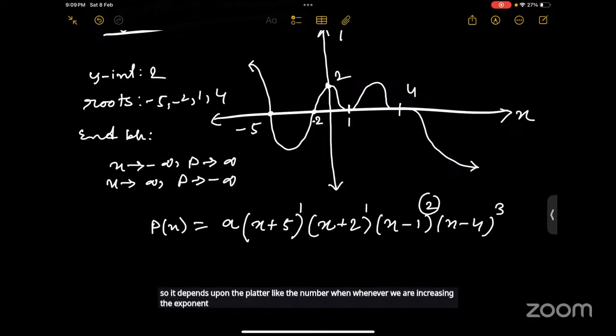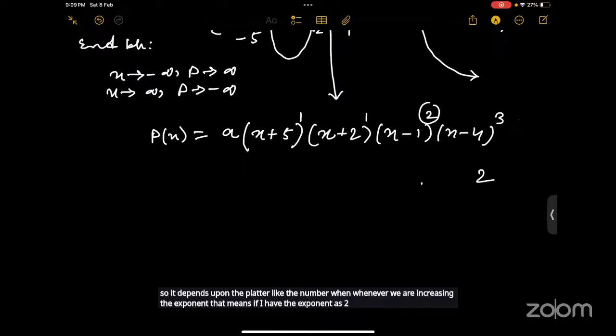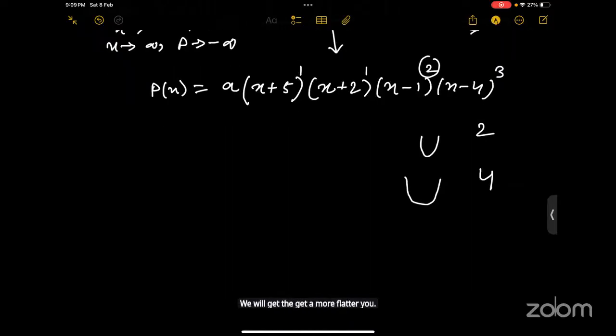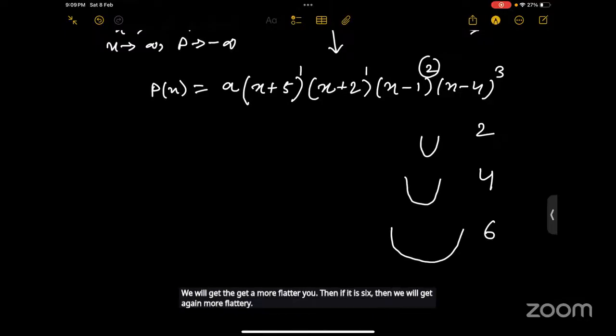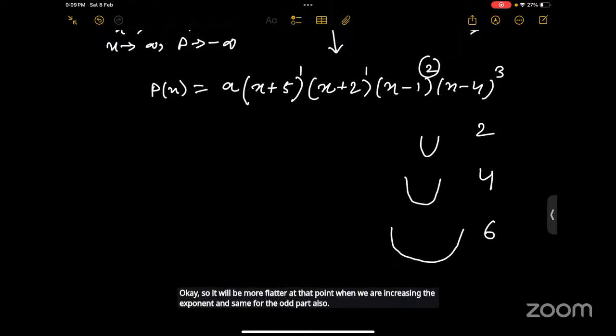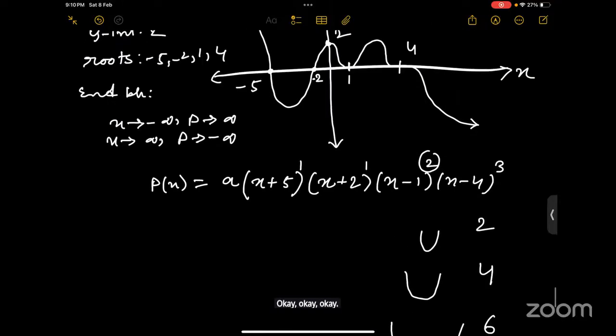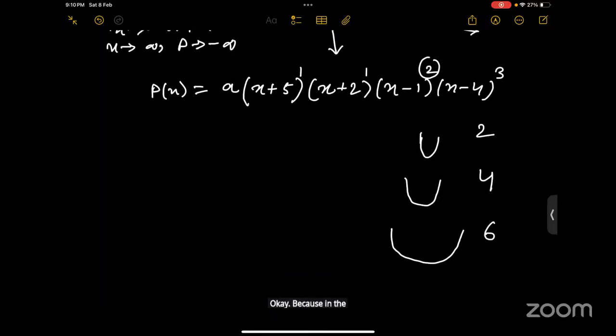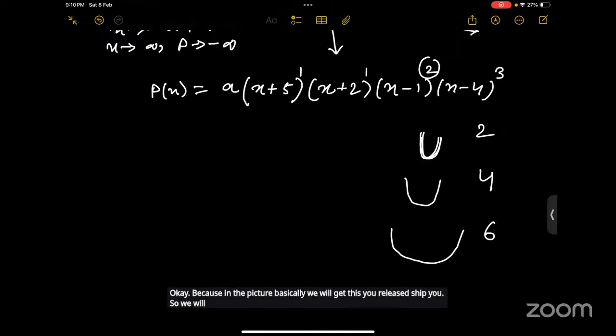If I have the exponent 2, we will get this type of U. If I have the exponent 4, we will get a flatter U. If it is 6, then we will get an even flatter U. It will be flatter at that point as we increase the exponent, and the same for odd powers. Okay. Because in the picture, basically we will get this least-shaped U, so we will take the least power for simplicity. Okay.